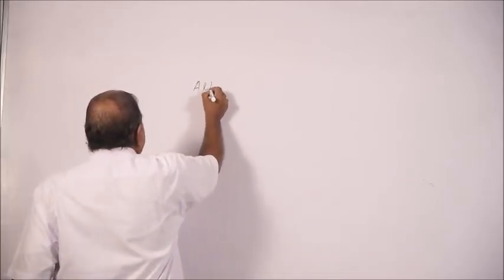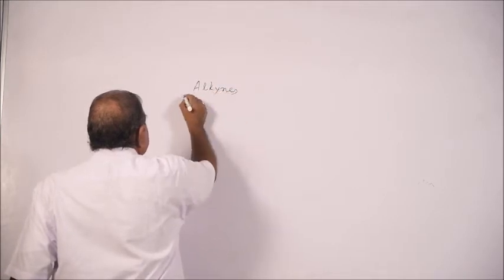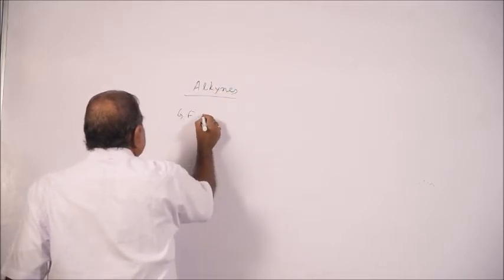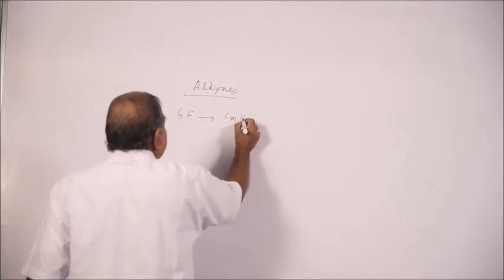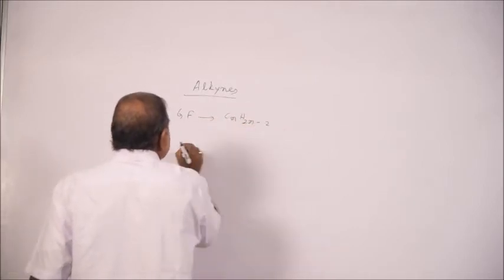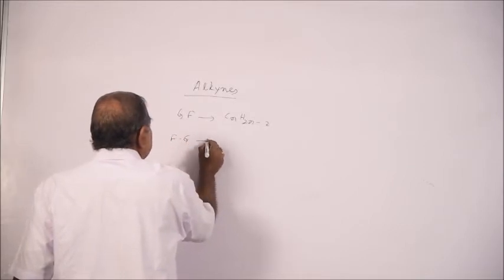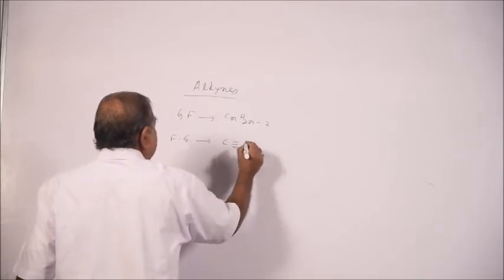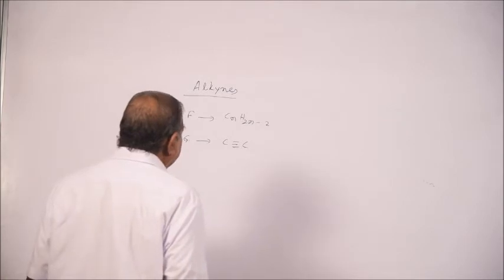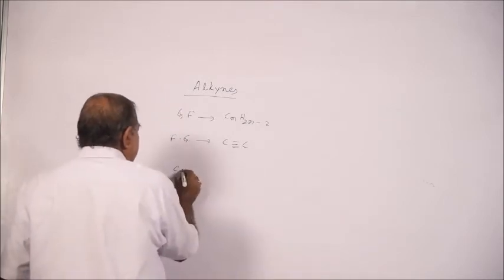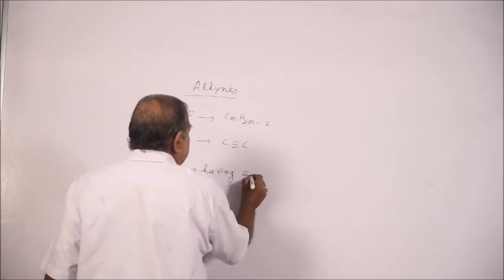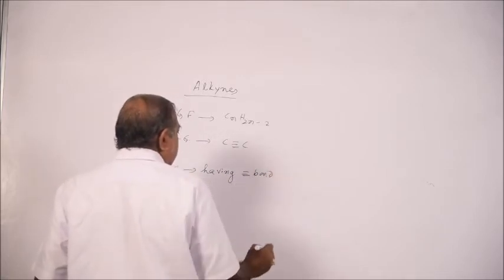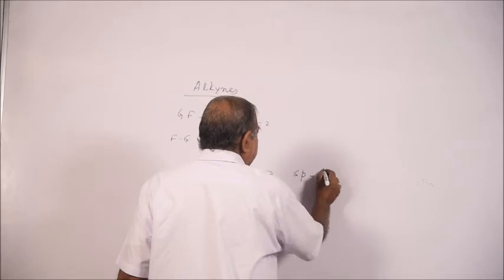Next I am proceeding to alkynes. So far as the general formula is concerned, it is CnH2n minus 2. So far as the functional group is concerned, it contains a carbon-carbon triple bond. Now the carbon atom having a triple bond undergoes sp hybridization.